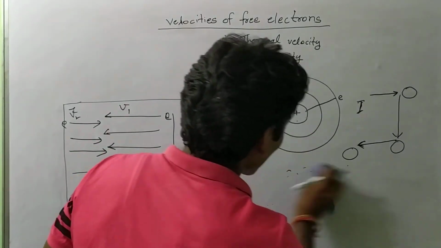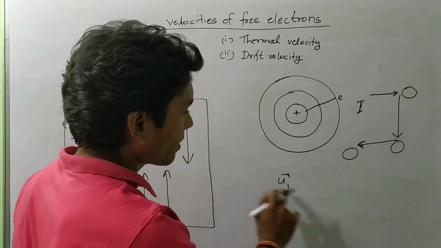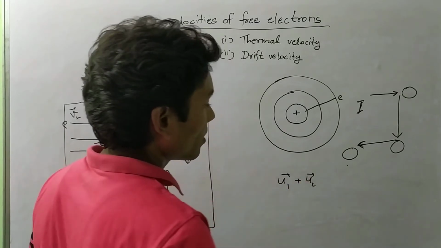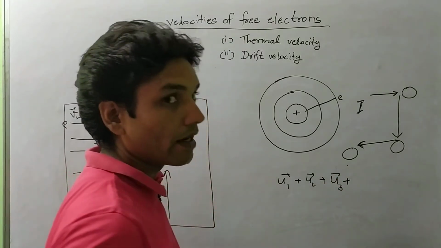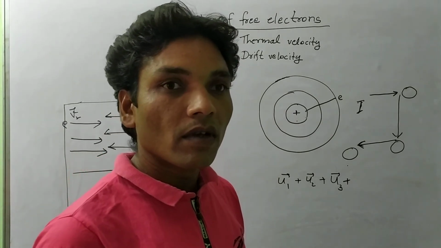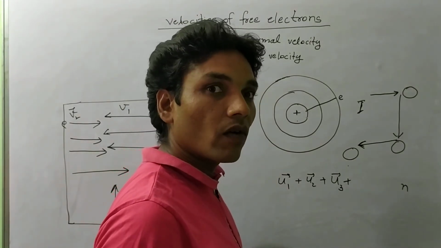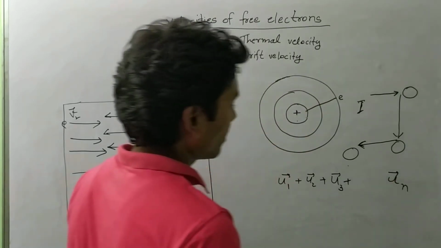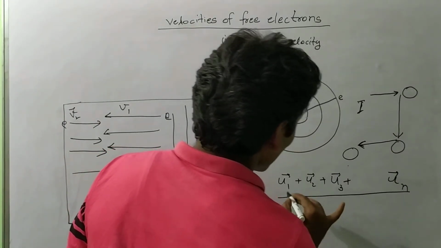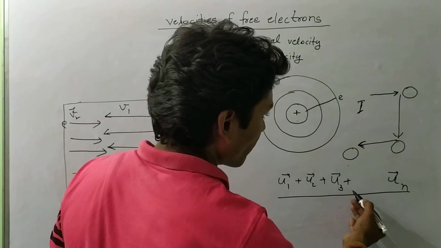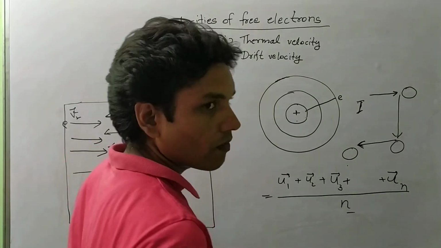So the formula is as follows. If the thermal velocity of the first electron is vector u1, of the second electron is vector u2, of the third electron is vector u3, and let the number of electrons be n, so the thermal velocity of the nth electron is vector un, then the average of the thermal velocity of all the free electrons will be vector u1 plus vector u2 plus vector u3 plus so on plus vector un, upon n, where n is the number of free electrons.